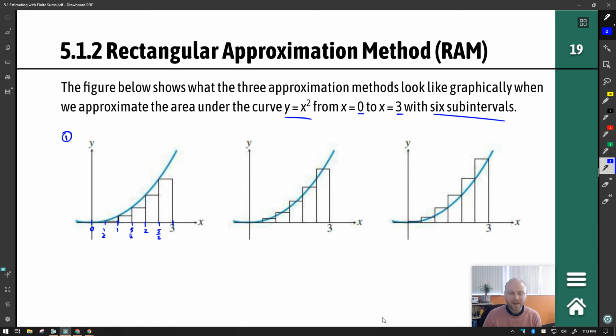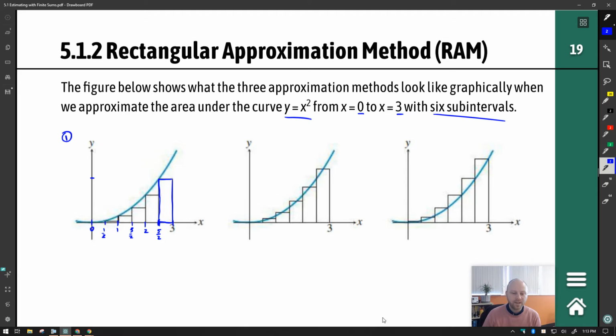So let's start at the right side, because I think it's easier to look at there with a larger rectangle. Here's your subinterval from 5 halves to 3. Here's the left side at 5 halves. Go up to the curve, and whatever that y value is there, that's the height of the rectangle. And you can kind of continue on down and draw it there.